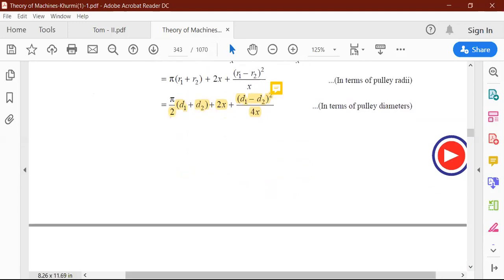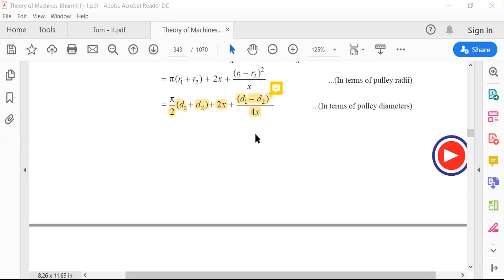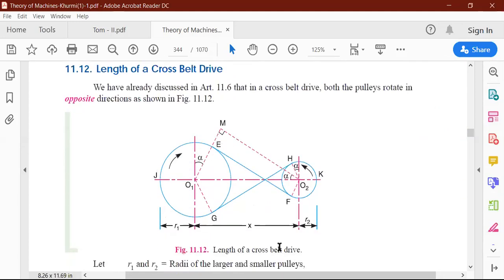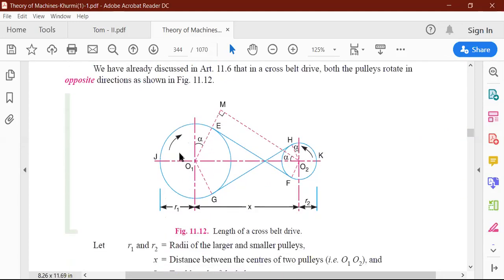This is your open belt drive, and the structure of cross belt drive looks like this. You can identify it is a cross belt from the diagram also. This is the crossing, so that's why it is a cross belt drive. The driver pulley is rotating in clockwise direction, and the driven pulley rotates in anti-clockwise direction.